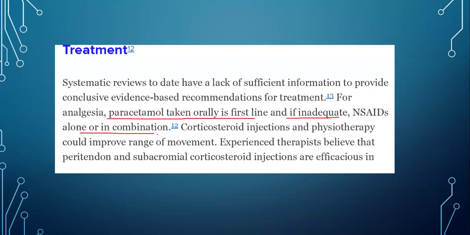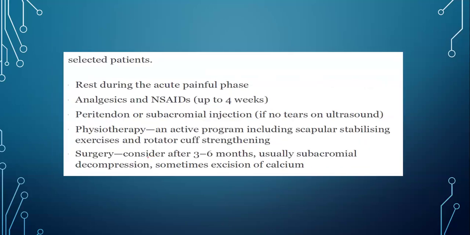If that is inadequate, NSAIDs can be given as well. And at some point, you can also send them for physiotherapy. Okay, so surgery is only needed if after 3 to 6 months the patient still has significant pain. Okay.